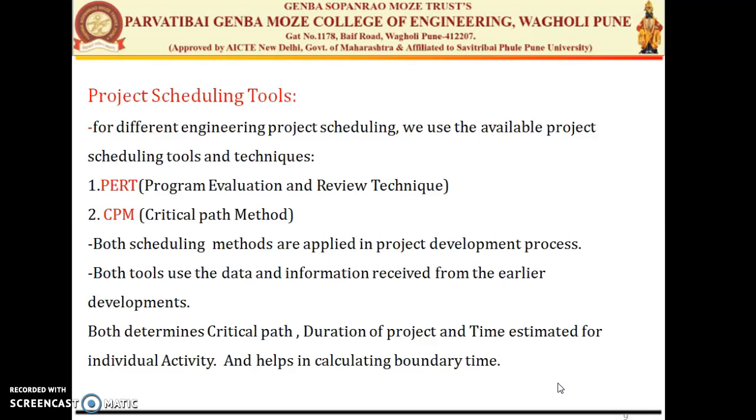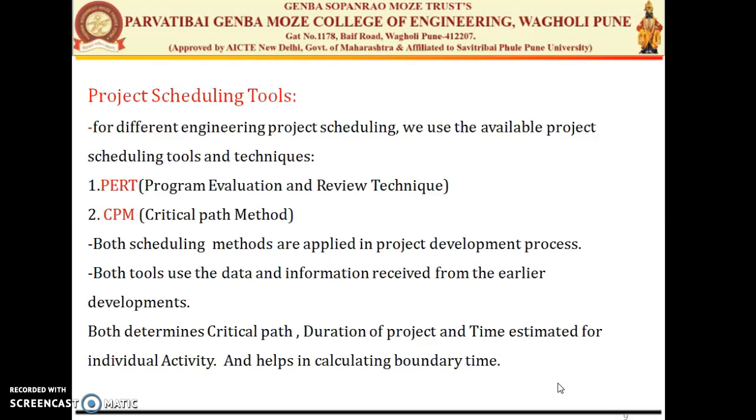The work breakdown structure is related to PERT and CPM. By using the work breakdown structure, we are calculating the critical path method for the project, and we are also calculating PERT, that is the Program Evaluation and Review Technique.